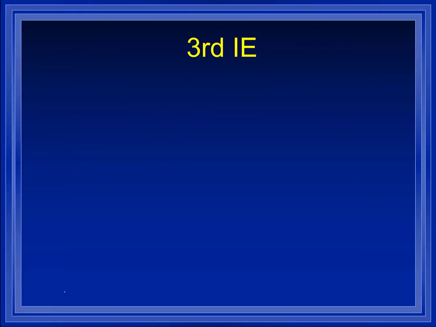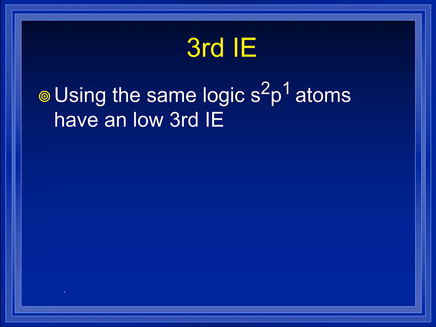And of course, third ionization energy, things that have an electron configuration of s2p1 would have a low third ionization energy. That is group 3A. We don't have a name for that column, so we call it the boron family, because boron's at the head of the family.